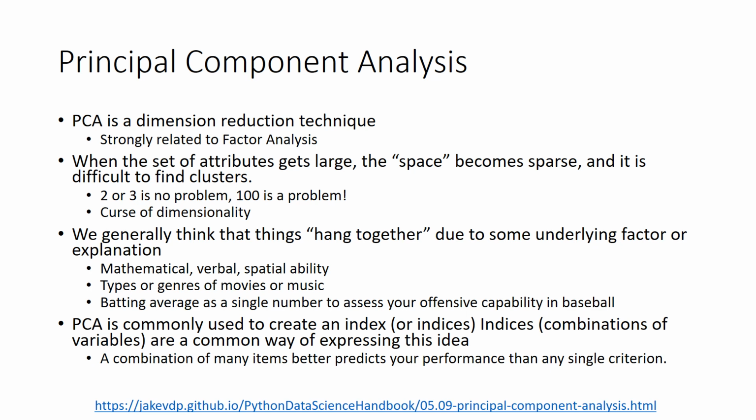Okay, so we've talked a little bit about taking quantitative metrics and predicting a category. So linear discriminant analysis and k-means clustering essentially try to partition things into groups. What we're going to try to do now is talk a little bit about another way of thinking about that that's a little bit more flexible. This is called principal component analysis, and it's essentially a dimension reduction technique.